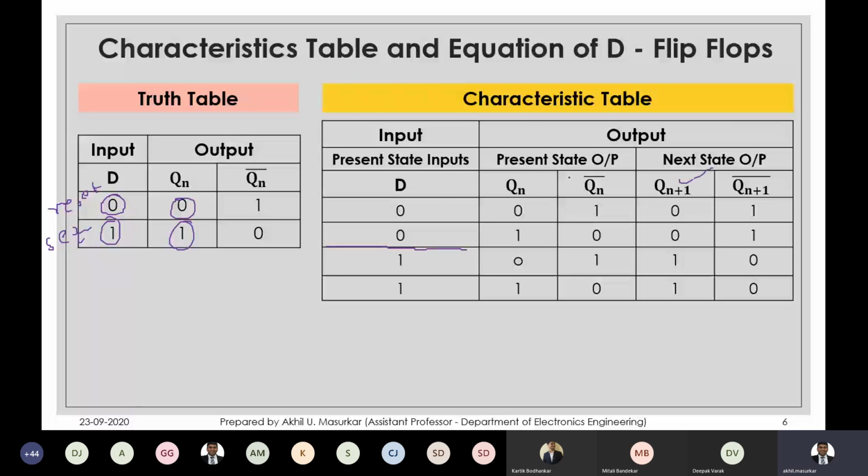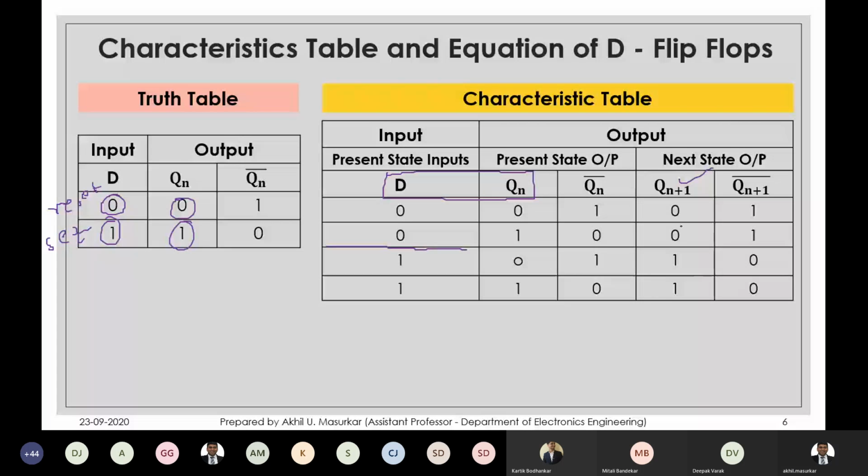So previously we wrote Qn plus 1 in terms of S, R and Qn. That is why we required a 3-variable K-map, which has 8 cells. Now here Qn plus 1 is only in terms of D and Qn. That is, it is dependent only on 2 variables. That is why we will require a 2-variable K-map which will have 4 cells.